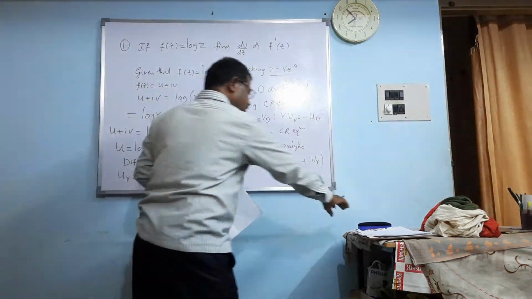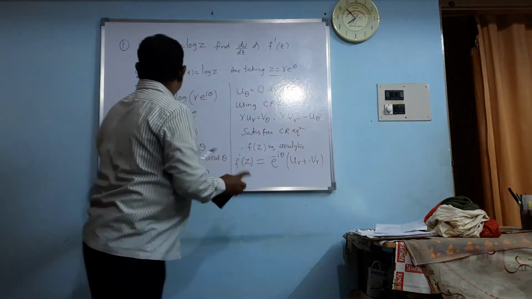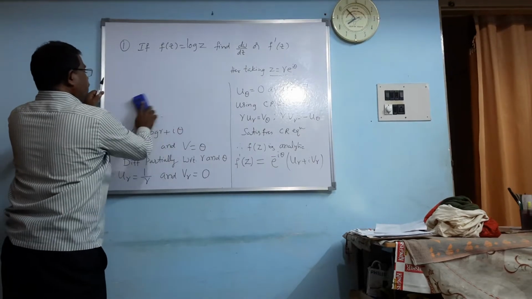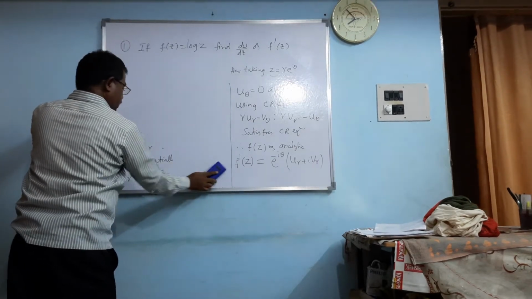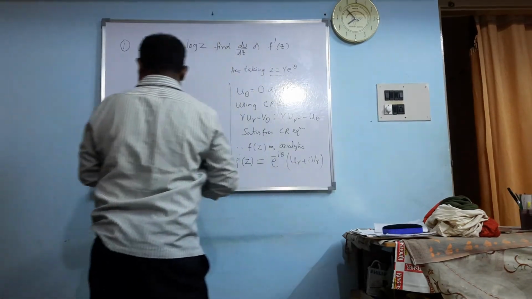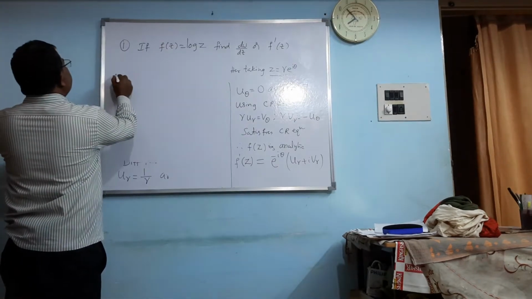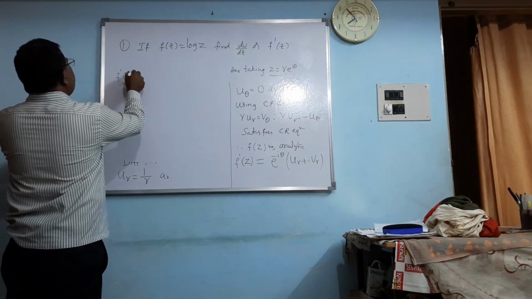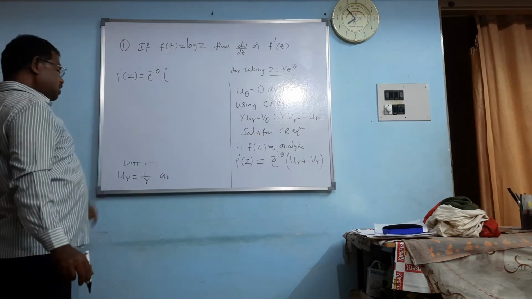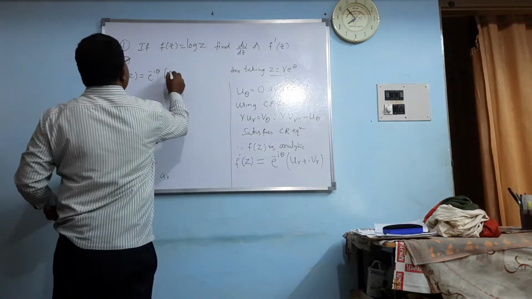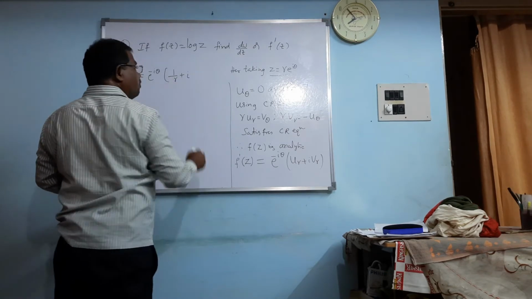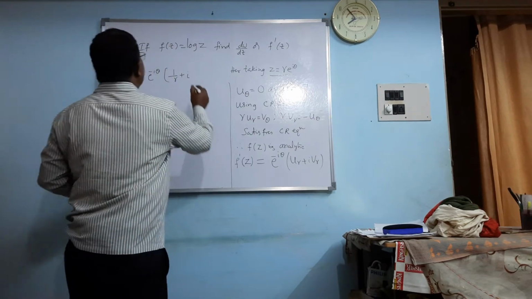Next, f dash z equals e to the power of minus i theta, where u r is 1 by r, plus i v r, and v r is 0.